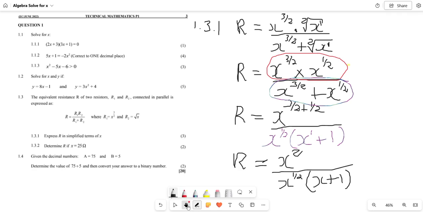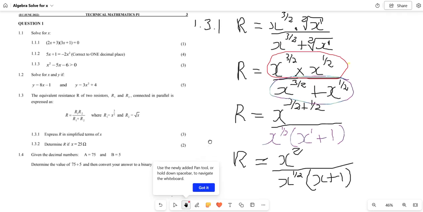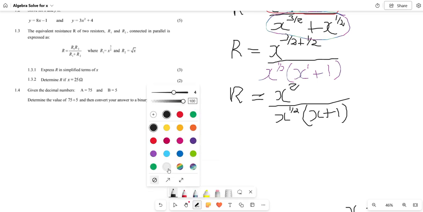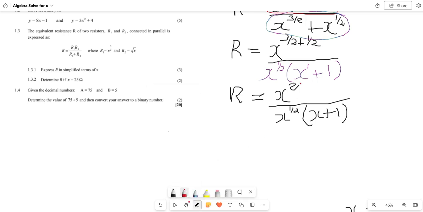Then what needs to happen from here? Then we have the base of x at the top and the base of x at the bottom, and there is a division sign here.